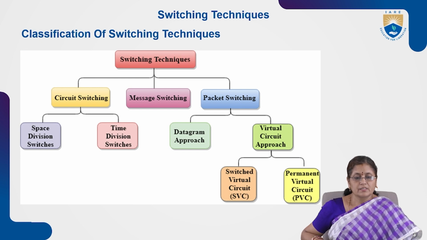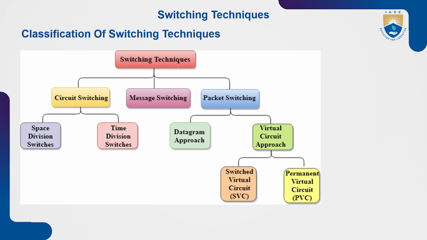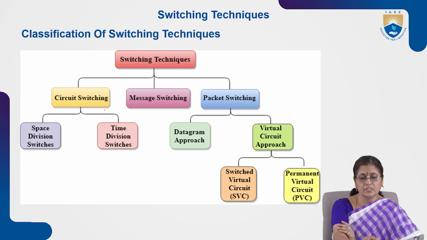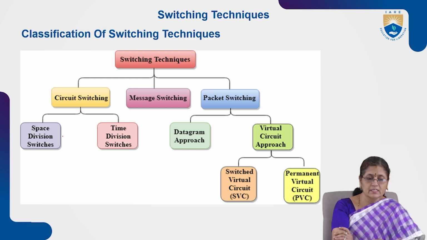Classification of switching techniques. Here, as we see, the switching techniques are of three types. One is circuit switching, another is message switching, and the third is packet switching. Circuit switching is of two categories: one is space division switches, another is time division switches.